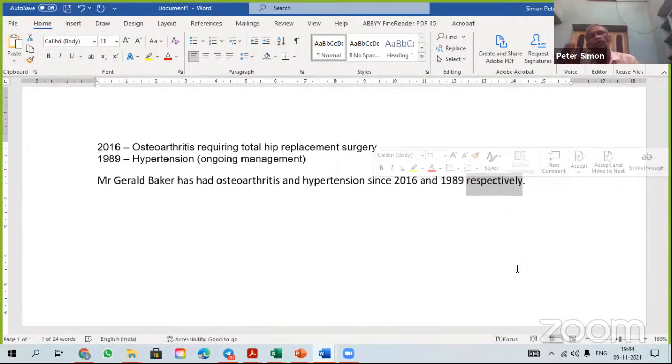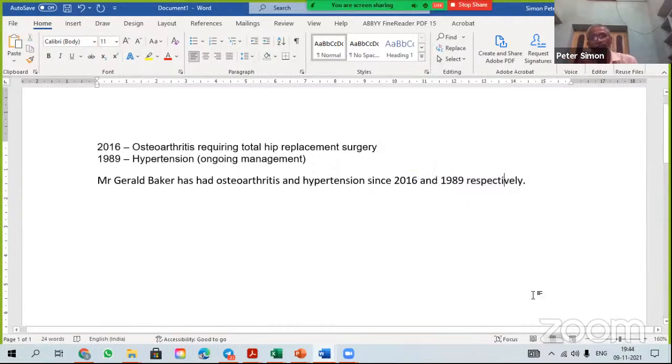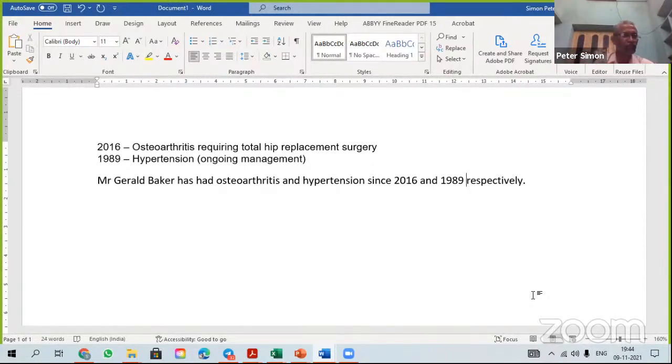So this is how you are using the sentences. Mr. Gerald Baker has had osteoarthritis and hypertension since 2016 and 1989 respectively. Fine. So you can take one sentence. I will give you some sentences.